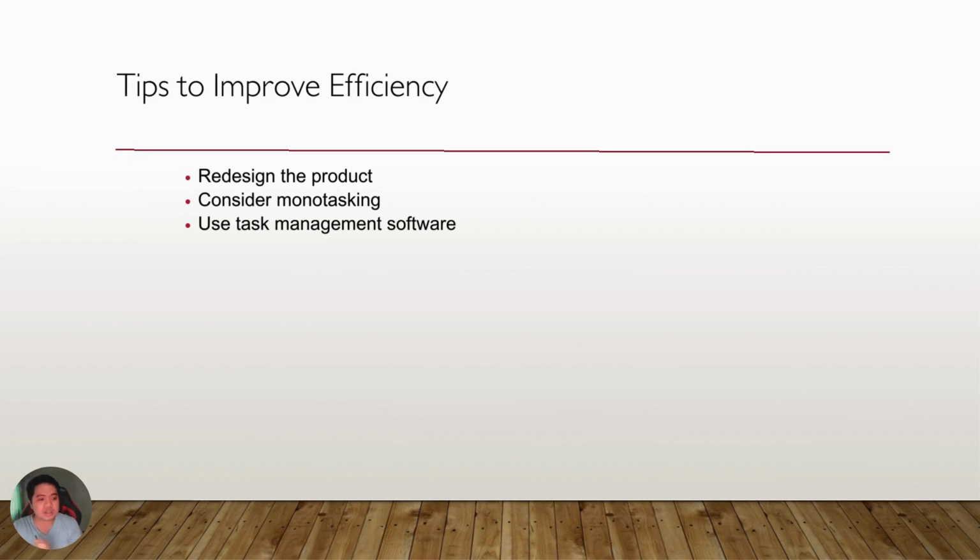And lastly, use task management software such as Excel or Monday.com. You can use that to track your tasks, whether you have already been delayed or are ahead of time. So those are the tips.